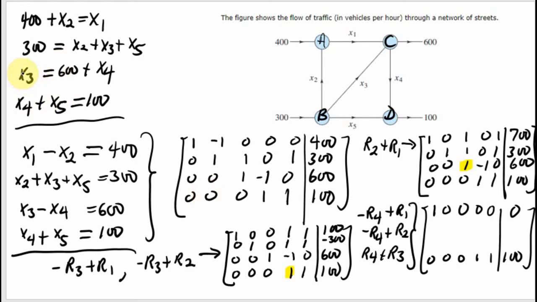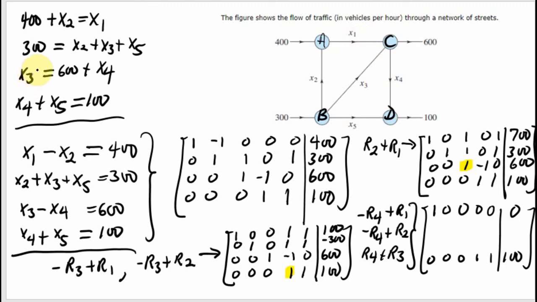Let's see here. X sub 3 for the C. X sub 3 is going in. That's what it is. Doggone it. X sub 3 plus x sub 1 is equal to 600 plus x sub 4.